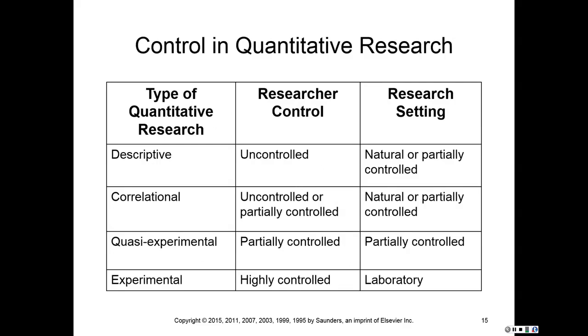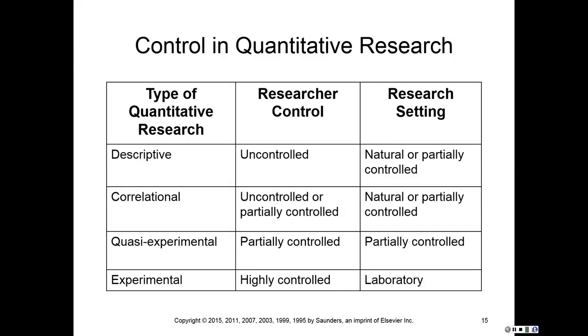Okay, take a moment to look over this slide, and it talks about control in the different types of research. And it also talks about the setting in which the research occurs. So descriptive research, uncontrolled. Researcher control is uncontrolled, and no attempt to control it.